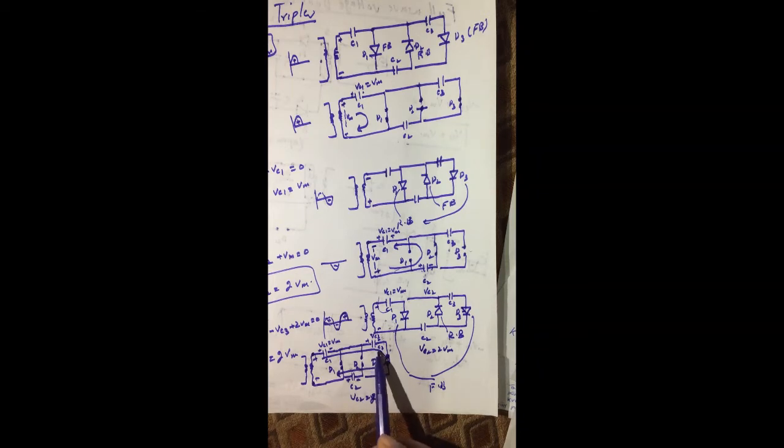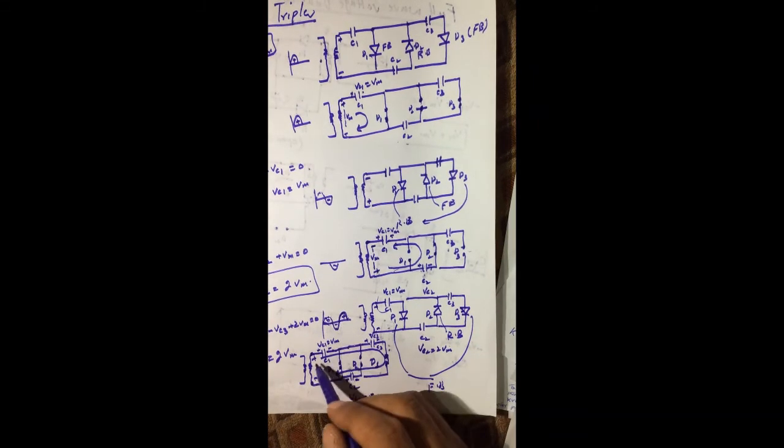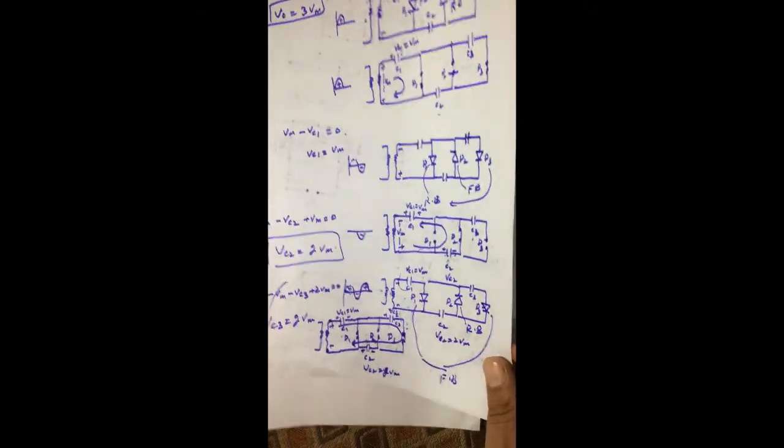And C3 gets charged to its maximum value during the next positive half cycle, and the potential across this capacitor is Vc3, which is 2Vm. Now after this second positive half cycle, apply the load resistance.